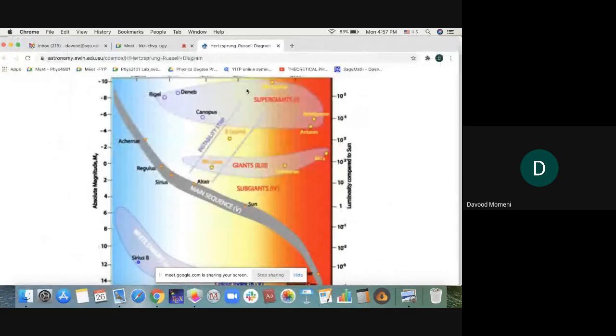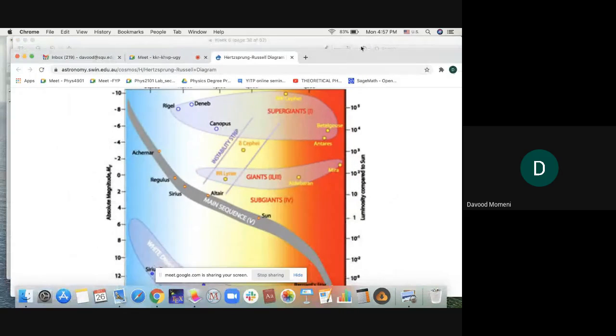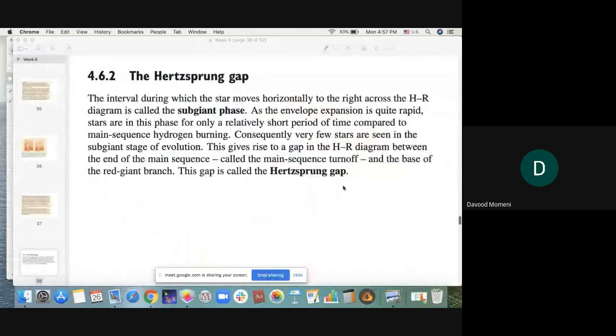And some of them also get the chance to be supergiant. So they are going to the graveyard. They are going to die, as you know, in the graveyard of the stars. So this gap between the main sequence and the giant star is a very short phase.